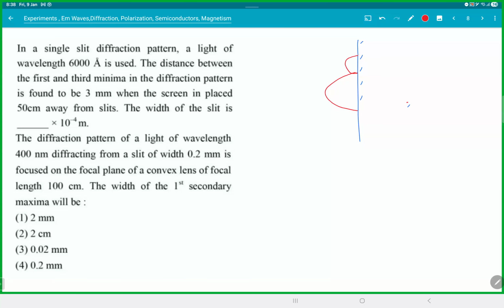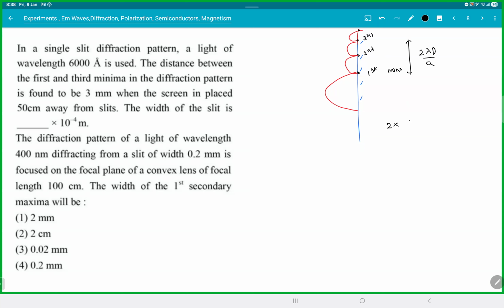This is your first minima, and this is your third minima. First, second, and this is the third minima. This is your second minima. That means you are asking to find the distance of 2 lambda D by small a. Just substitute directly. That's it. The questions are easy. You should know the formulas and what is happening there.